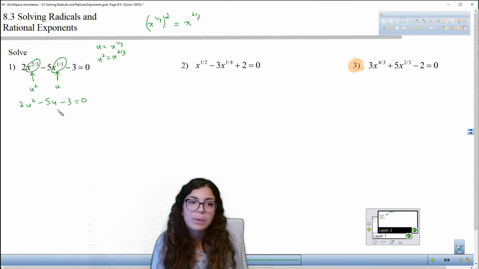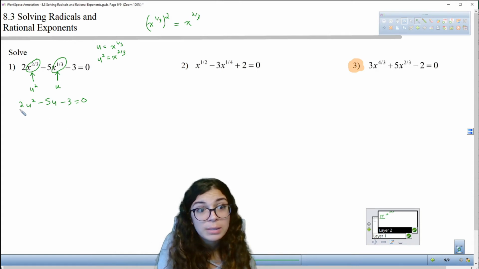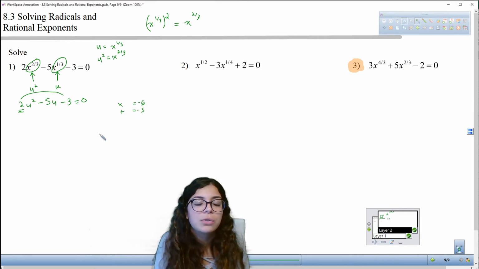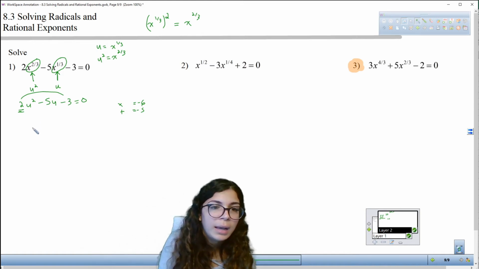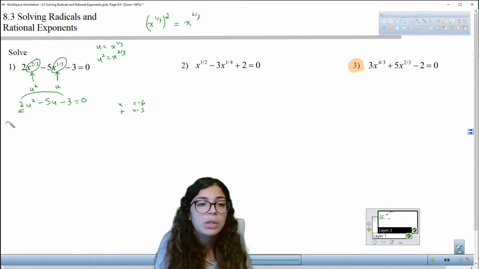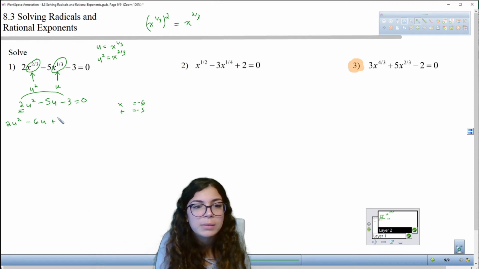Now I can solve this like a regular quadratic. The coefficient is not 1, so I need to go ahead and rainbow over. Multiplies to equal negative 6, adds to equal negative 5, so that would be negative 6 and positive 1. So you could break up the middle: 2u squared minus 6u plus 1u minus 3 equals 0.